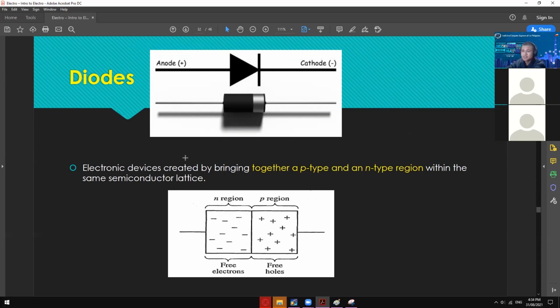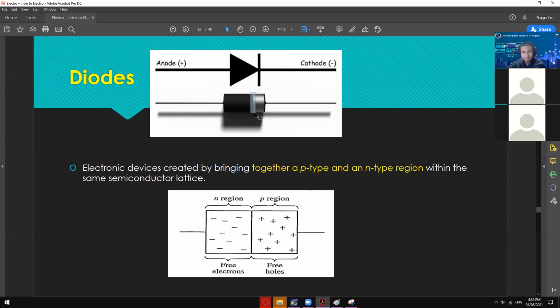All right. So electronic devices created by bringing together a p-type and n-type region within the same semiconductor lattice. So ito yung mismong diode natin. Okay, we have the N region and then we have the P region. There is actually one more, yung pinakamaliit, yung nasa gitna.